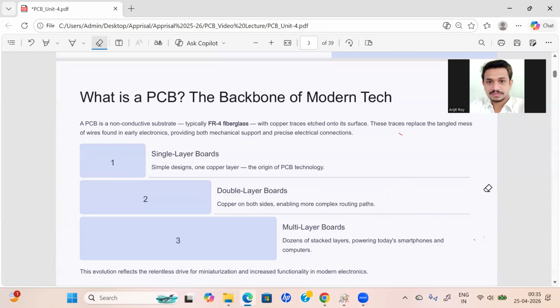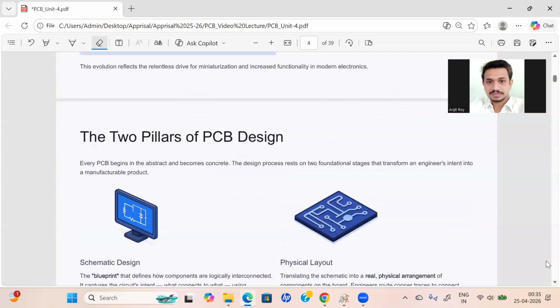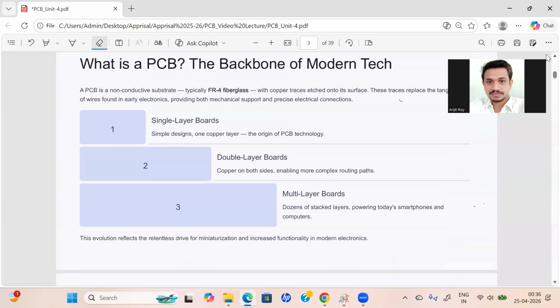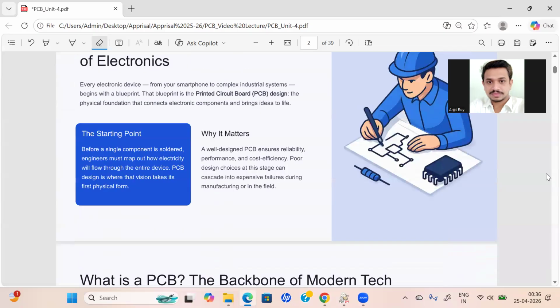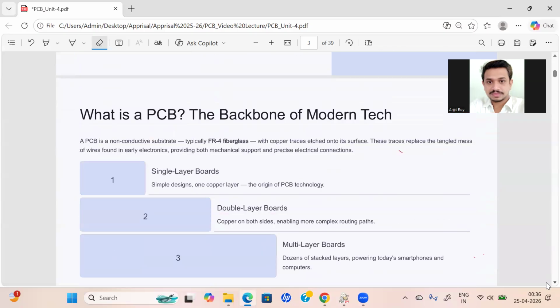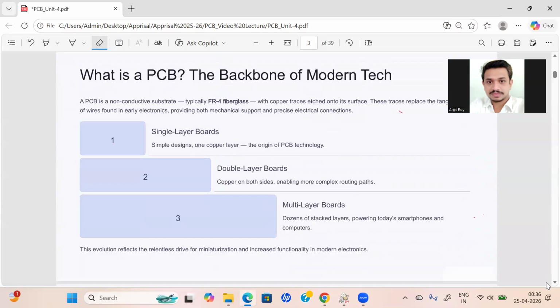Okay, so first of all, if we discuss the classification of PCB based on use, first the consumer type.